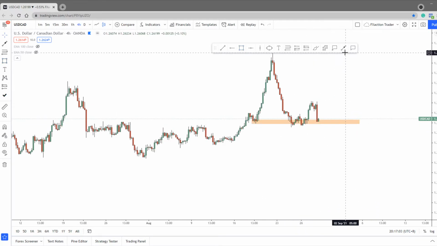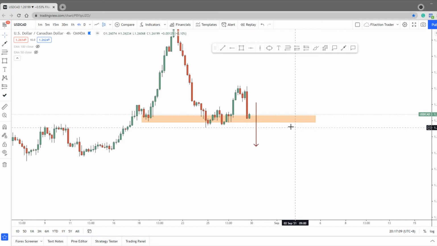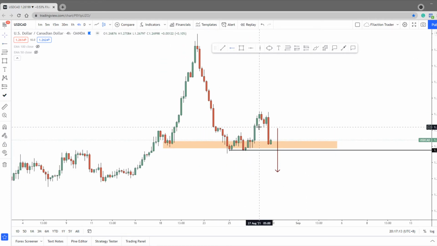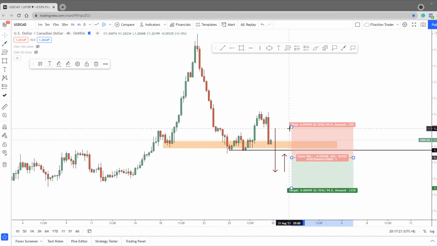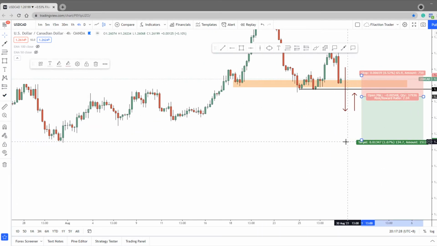In other words, if this previous support level is broken, that means a new low was created. This is the current market low. If market breaks down this previous support, meaning there is a new low being created, then as market does a pullback, we can scale in for a short trade.